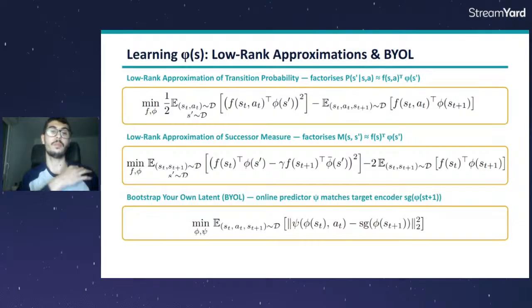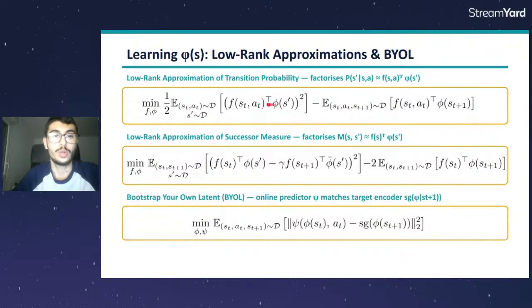We can have more complex representations, which we call lower rank approximations. So we can have a lower rank approximation of the transition probability. We suppose that the transition probability function can be decomposed into two matrices, F and phi. This is actually very similar to the transition model.